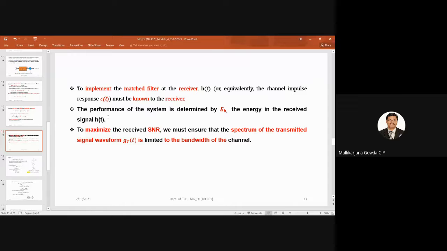The performance of the system is determined by the signal energy. To maximize the received SNR, we need to ensure that the spectrum of the transmitted signal waveform is limited to the bandwidth of the channel. Then only can I assure that the SNR at the receiver side is maximum.